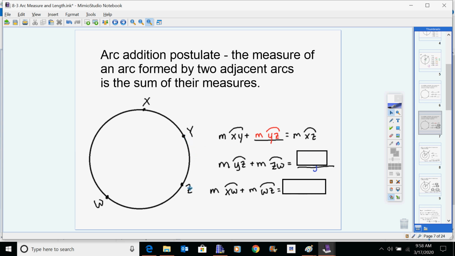The measure of arc YZ plus the measure of arc ZW would be the measure of arc YW. It does happen to be a minor arc, slightly under 180 degrees, so you can just say YW.